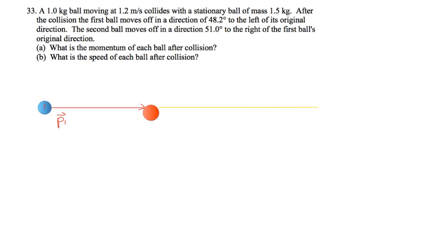So 48.2. Now, that's probably 40, 45, so I'm going to go about right there. And what I just drew, that's going to be the momentum of the first ball after collision.